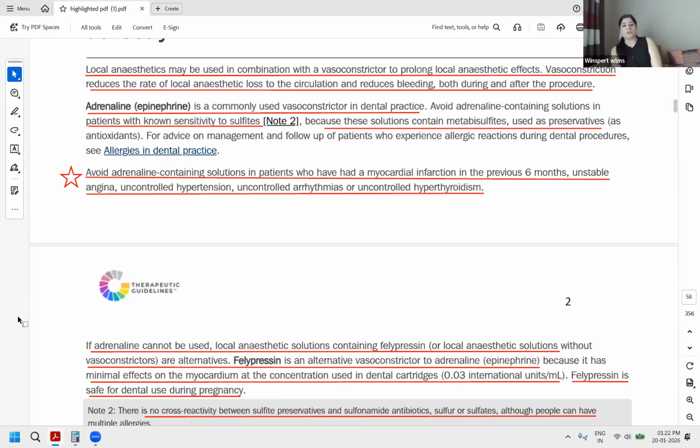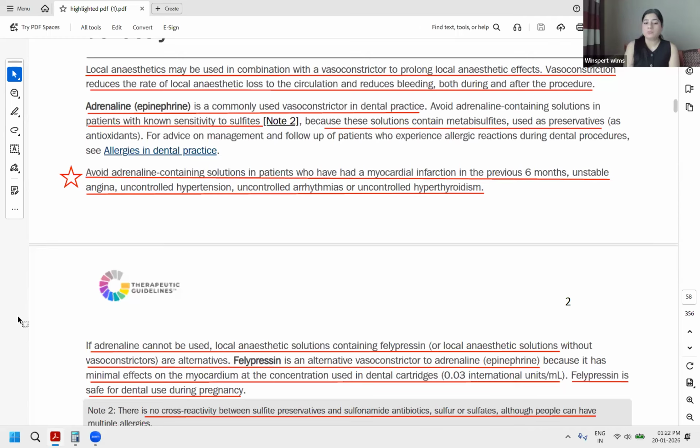And instead, you would use felypressin-containing agents. So wherever adrenaline is contraindicated, be it allergies to metabisulfite or cardiac conditions like myocardial infarct in the last 6 months, unstable angina, uncontrolled hypertension, uncontrolled arrhythmias, and uncontrolled hyperthyroidism, they all require avoidance of adrenaline-containing LAs.